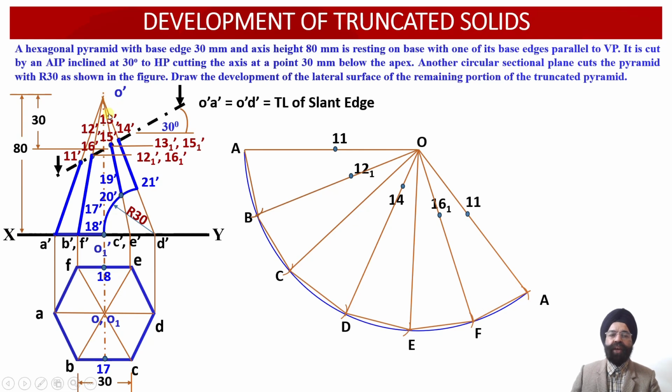Rather, we are going to measure the distance from O dash to 13-1 dash and 15-1 dash over here. Once we mark this distance onto the slant edge OC, we obtain the point 13-1. Once we mark this distance onto the slant edge OE, we will be able to obtain the point 15-1 over here. So all the points of intersection of the AIP with the top surface of this hexagonal pyramid have been obtained over here.